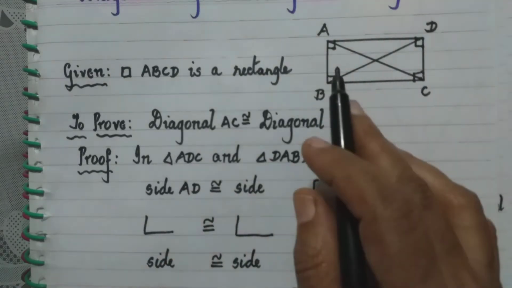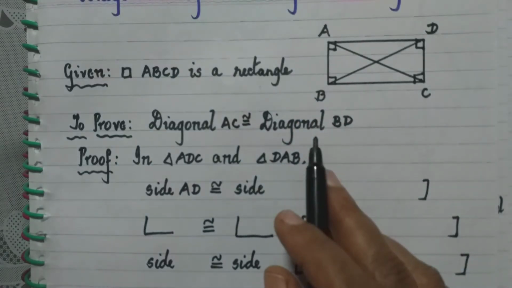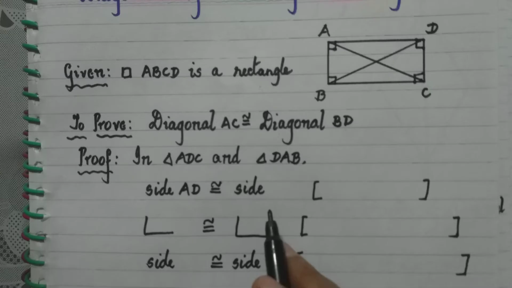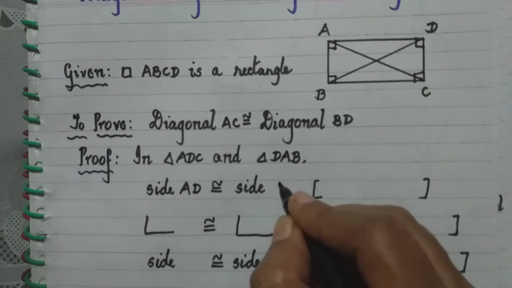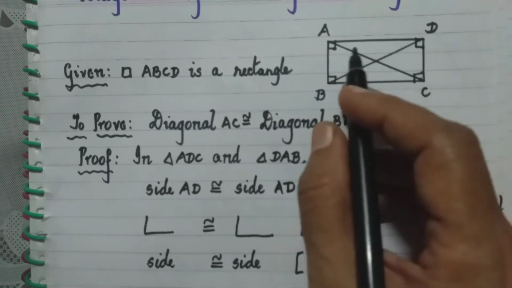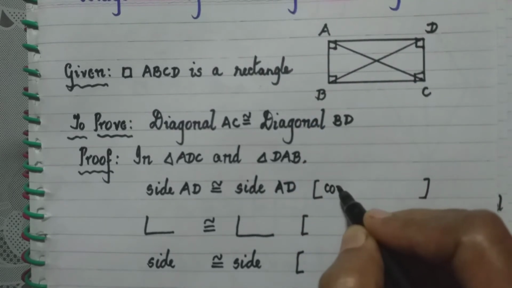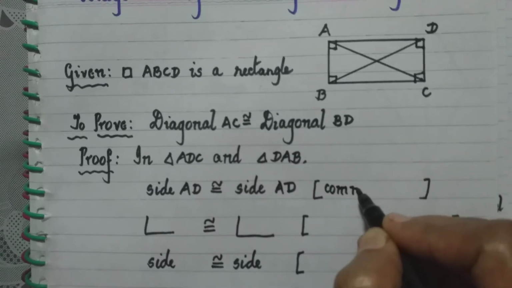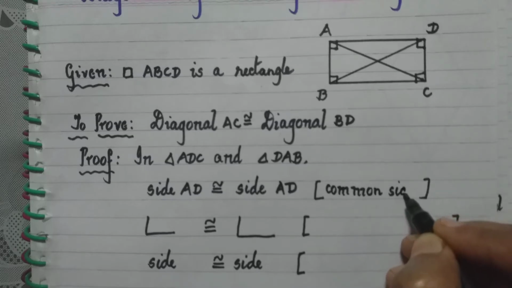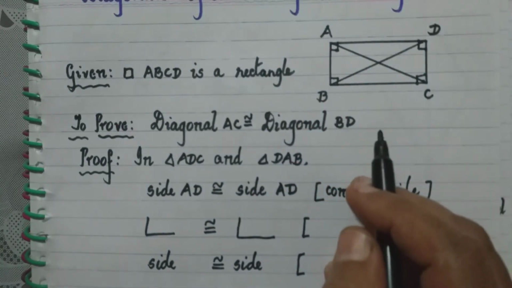So we write in triangle ADC and triangle DAB, side AD is congruent to side AD. The reason is this side is common to both the triangles. So we write here common side. Now we've got one pair of sides which are congruent.